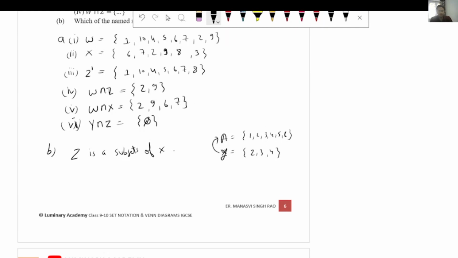I hope you got it. Here y is a subset of a. You can also write like this, z is a subset of x, right?